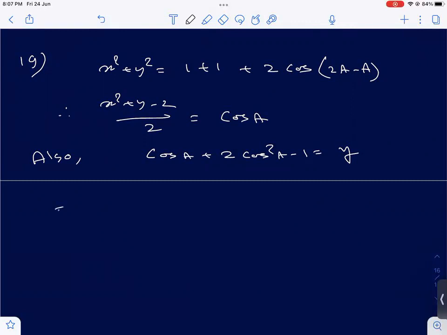Or cos A plus 1 into 2 cos A minus 1 equal to y.